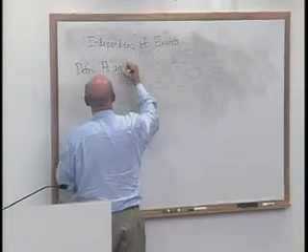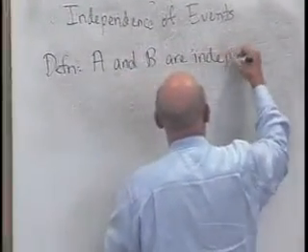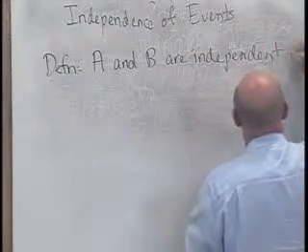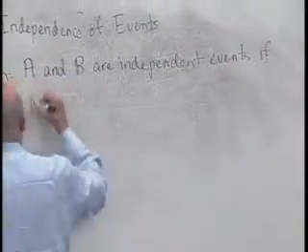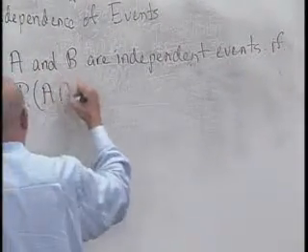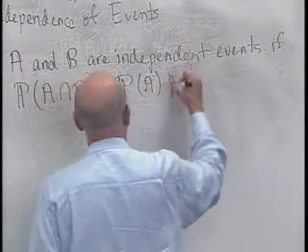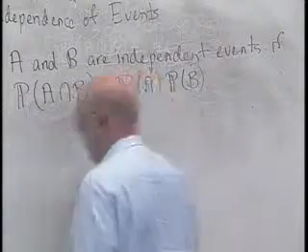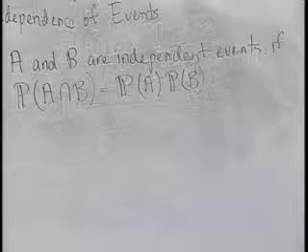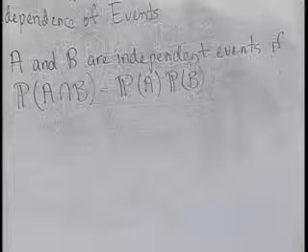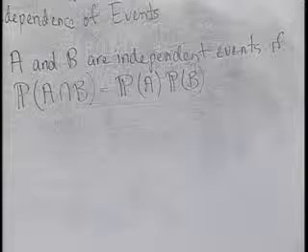A and B are independent events if the probability of their intersection is equal to the product of their probabilities. This is the situation which we frequently believe to be the case, and if two events have this property, then we call them independent.